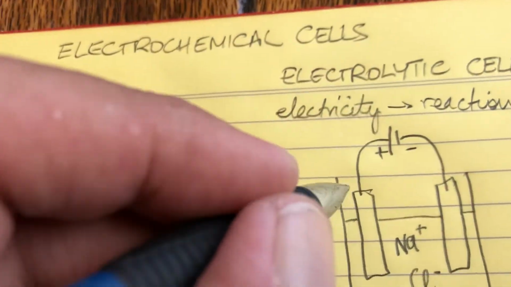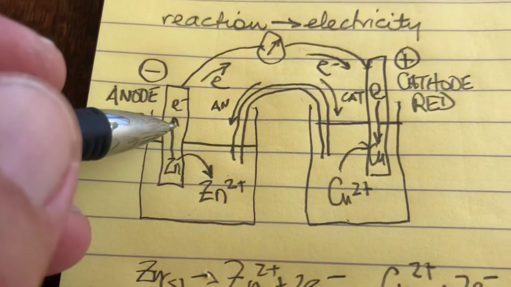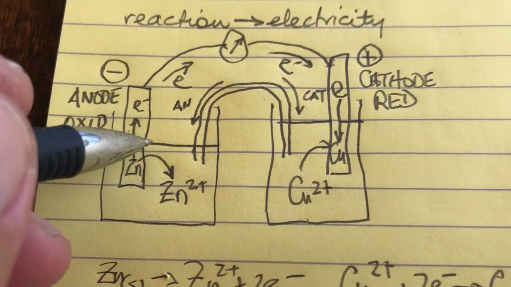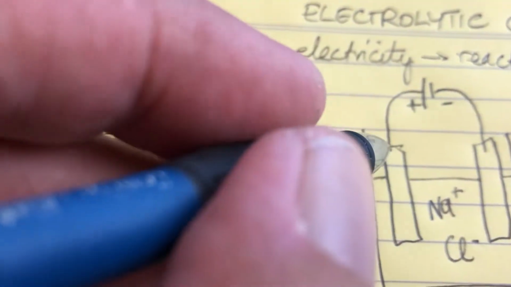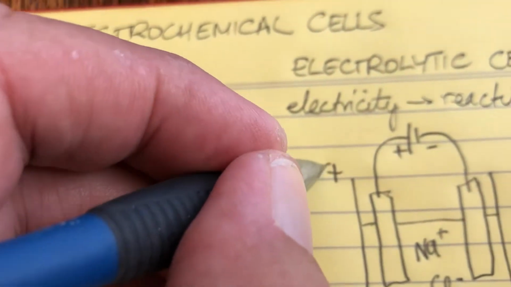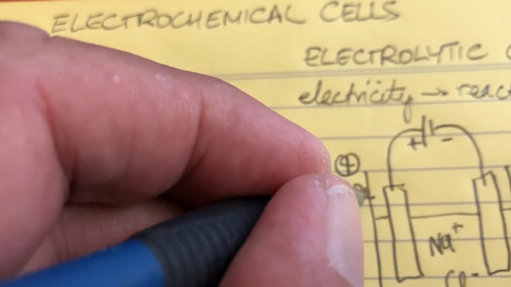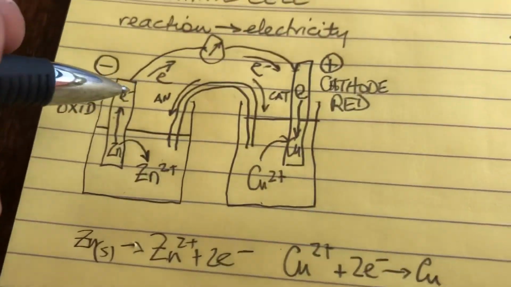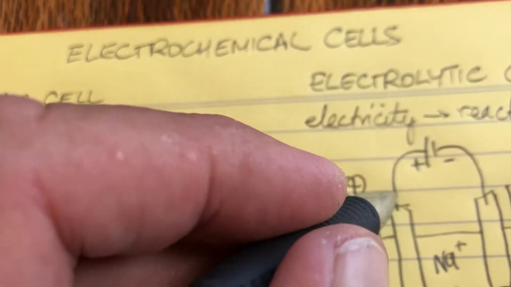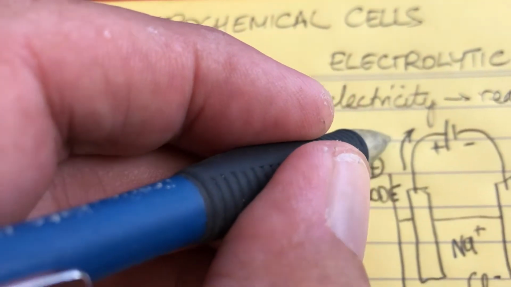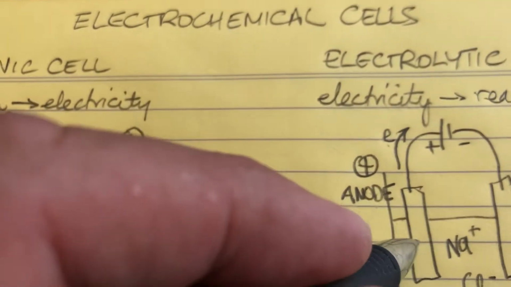Now, in the galvanic cell, it was the reaction that made the anode negative. In the electrolytic cell, it's the cell that makes the anode positive. This is still the anode, but it's now positive, not negative, because the cell has made it positive by effectively sucking electrons off it. So this is positive.